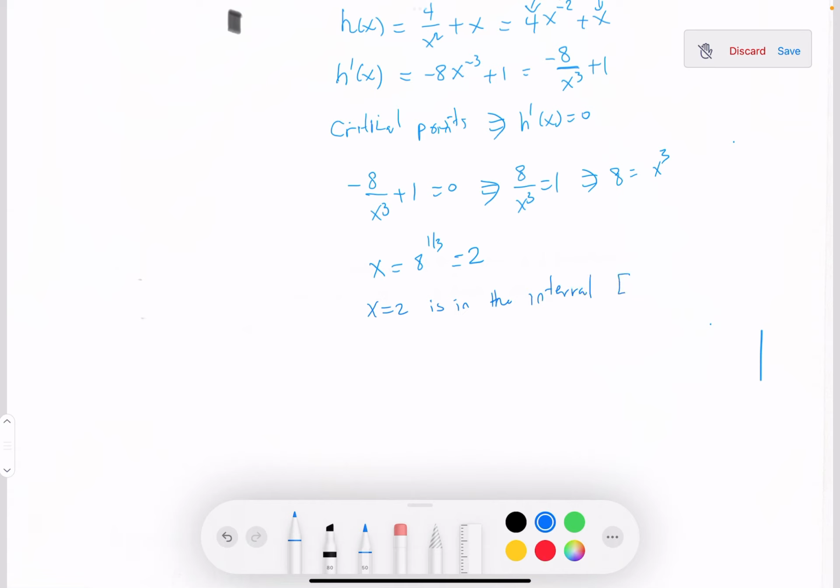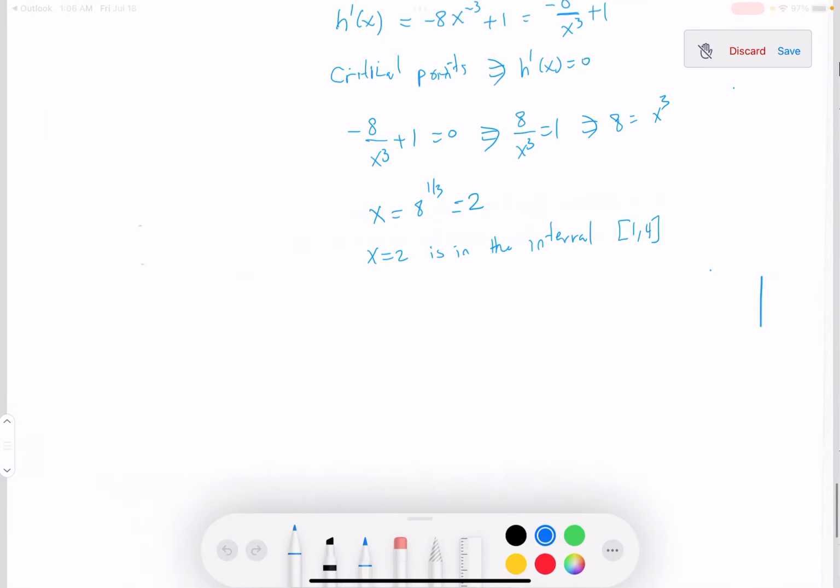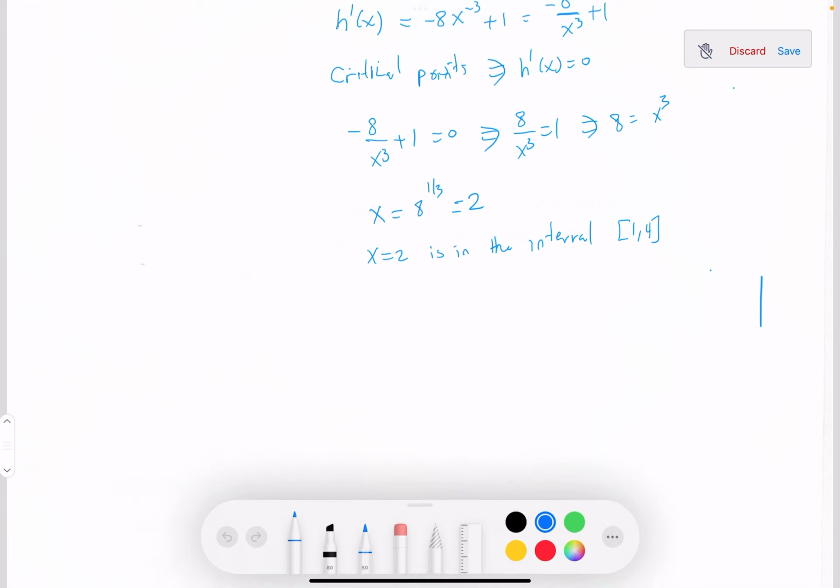Which means that x equal to 2 is the critical point. Now, let's evaluate h(x) at the critical point.